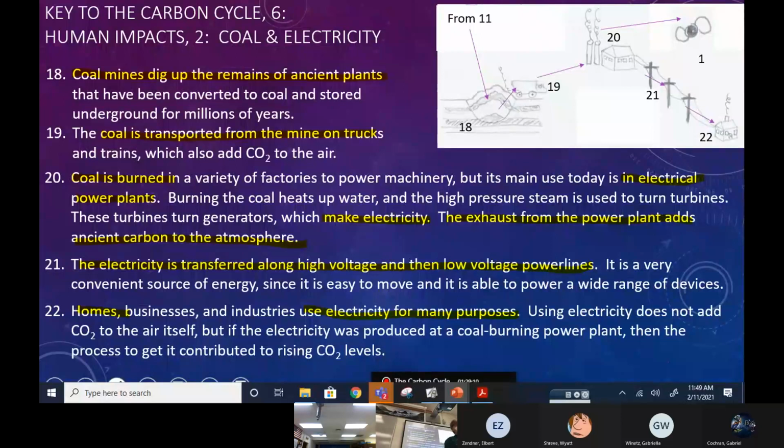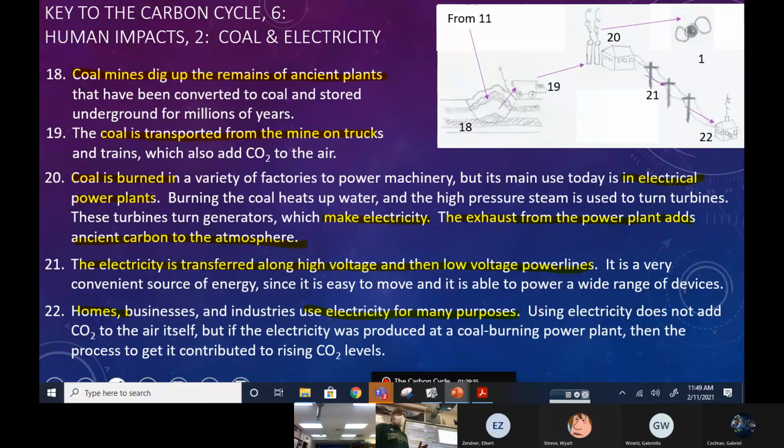And of course, like I said earlier, using the electricity by us right now doesn't add carbon to the air directly. But if that electricity came from a coal burning power plant or an oil burning power plant or a natural gas power plant, it does add CO2 to the air. There are other ways to make electricity that don't add any carbon to the air.